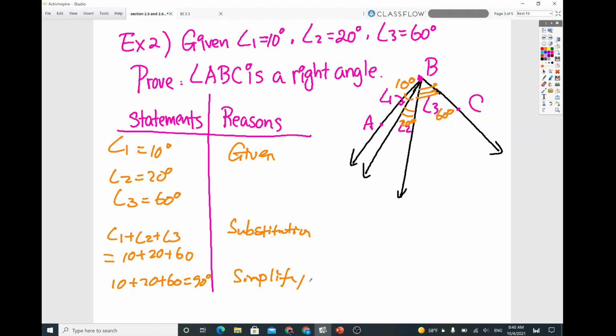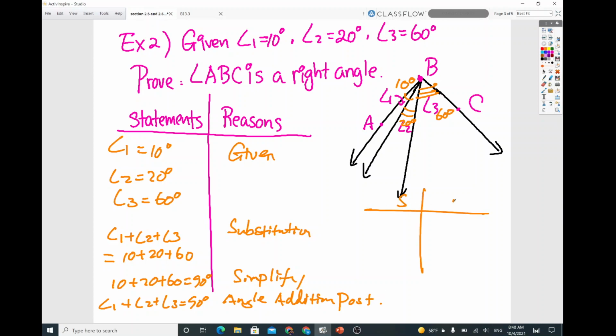And then once you combine them all together, angle 1 plus angle 2 plus angle 3 equals 90 degrees. This will be considered the angle addition postulate. Finally, the final statement: angle ABC is a right angle. And this one is the definition of a right angle.